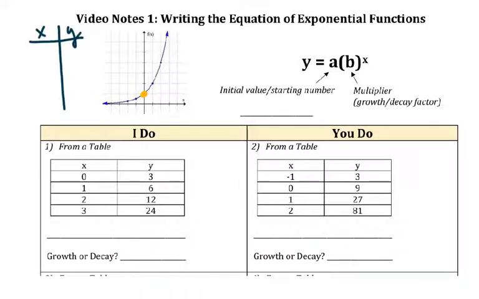In this graph, my y-intercept is at 0, 1. The next ordered pair is right 1, up 2, and then right 2 and up 4. So this is a table that would go with this exponential function.